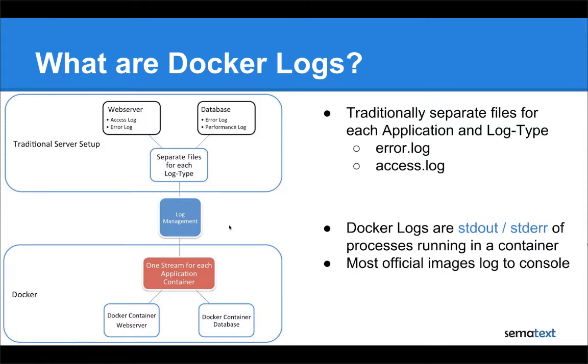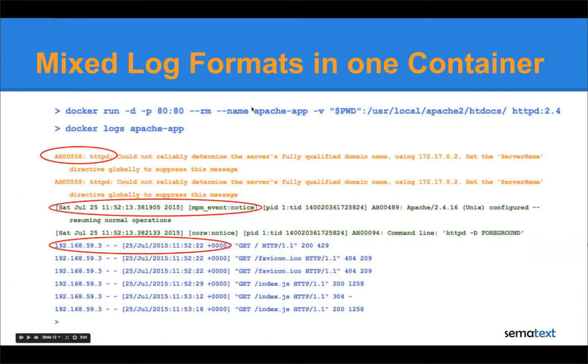I will show you an example for an Apache web server. So this command starts an Apache web server, and then we look into the Docker logs using the docker logs command, and we see some startup messages that something is not correctly configured. It has no timestamp.